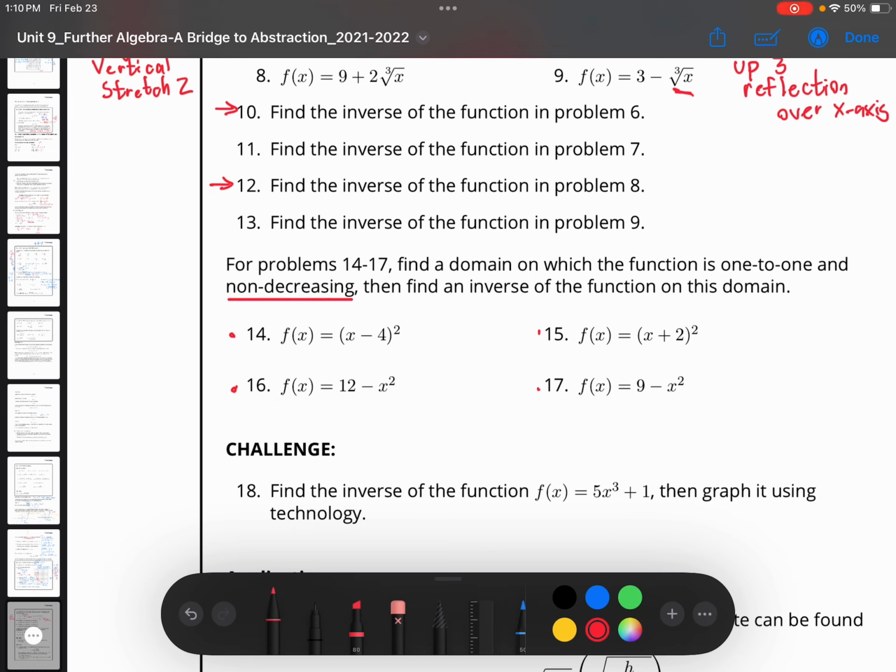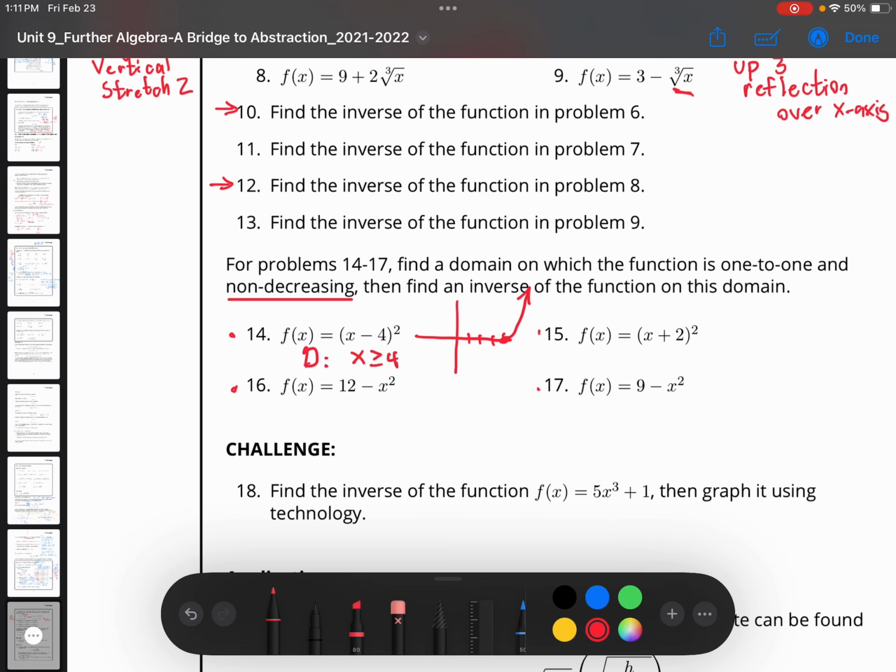So before you actually do any of the inverses, they want you to only graph this part, the right side of the parabola, not the left side. Right, so the right side would be x is greater than or equal to 4. So that's the restricted domain.